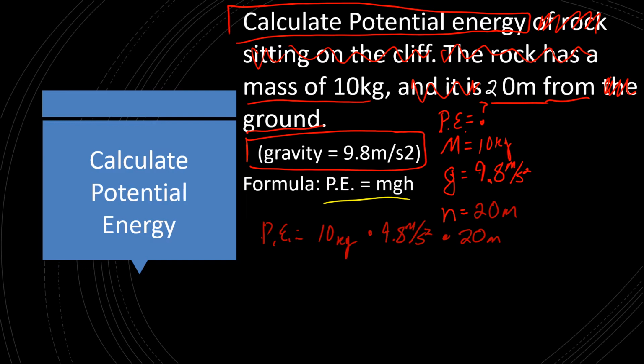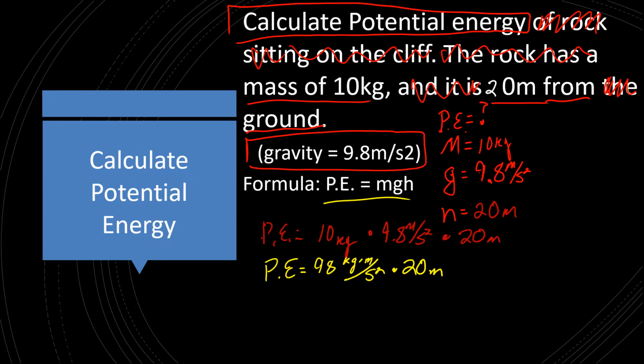Very easy thing to do. We'll do the same thing we did last time. PE is equal to 98 kilograms times meters per second squared times 20 meters. So we just multiply 98 times 20.